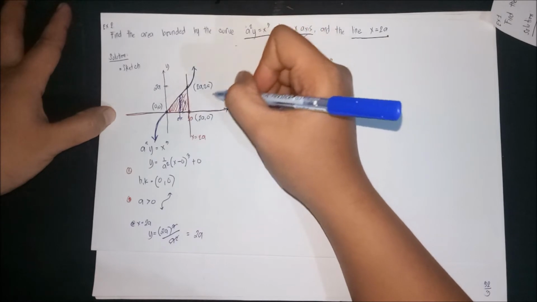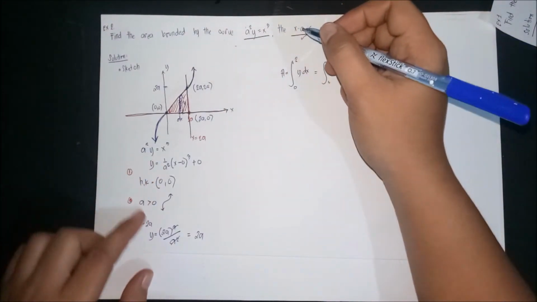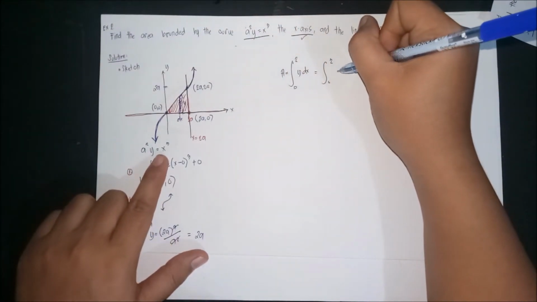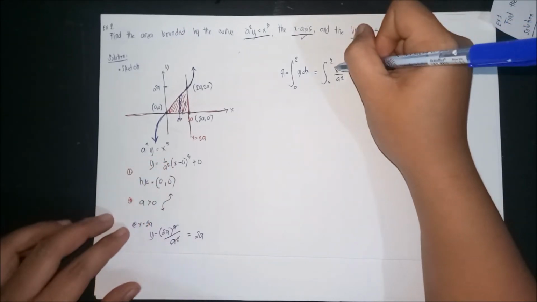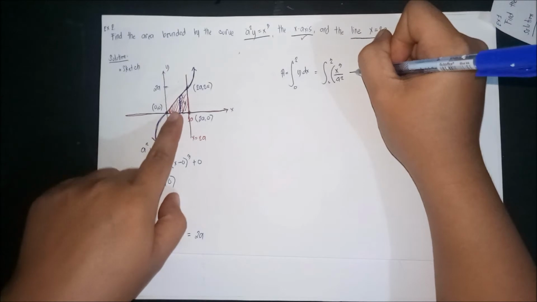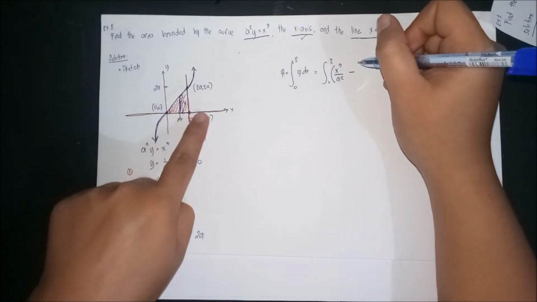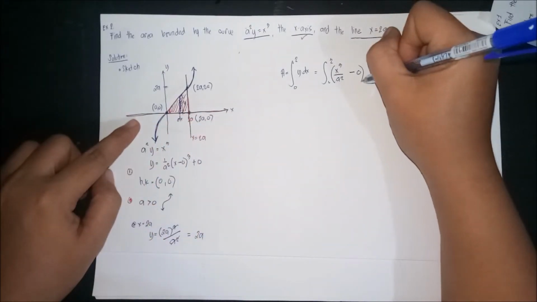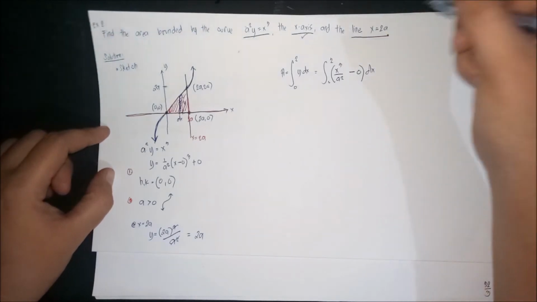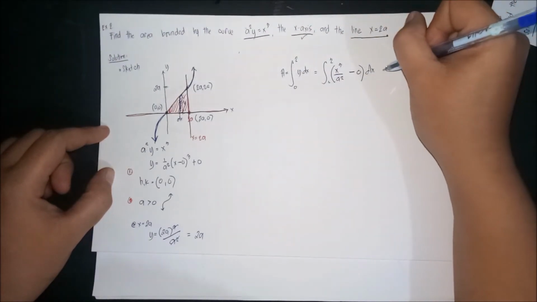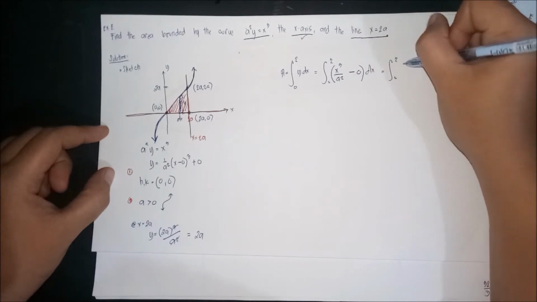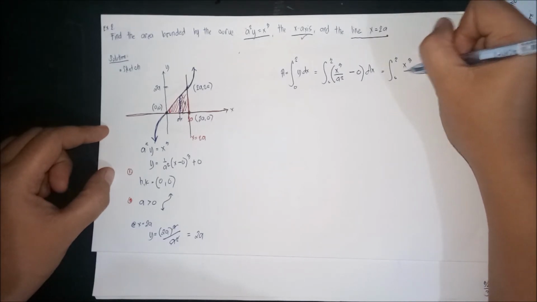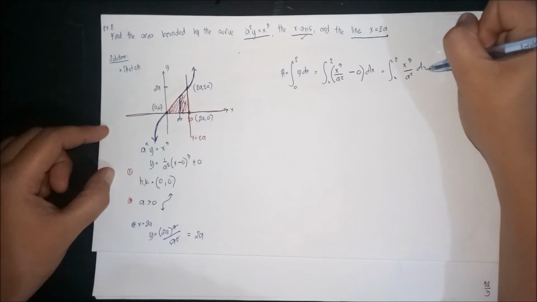Our upper is this, x cubed over a squared, minus our lower, class, that's the x-axis, that's y is equal to 0, dx. So this is equal to, simplifying it, the integral from 0 to 2a of x cubed over a squared dx.